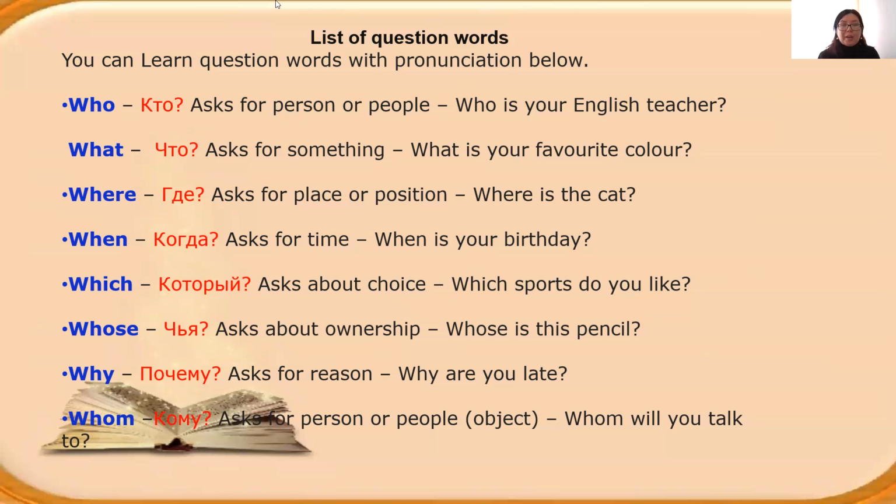Whose, чья, asks about ownership. Whose is this pencil? Why, почему, asks for reason. Why are you late? Whom, кому, asks for person or people, object. Whom will you talk to?